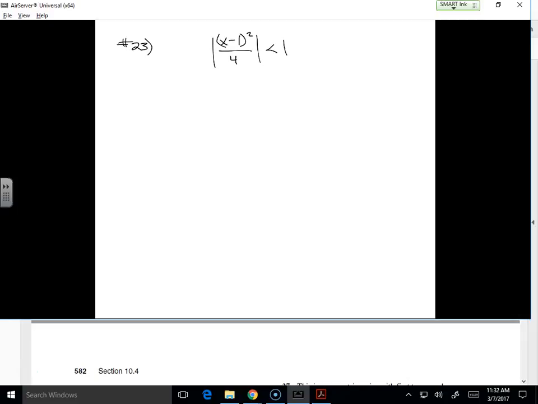We would technically have, and when we're solving, these technically aren't equalities, these are inequalities.